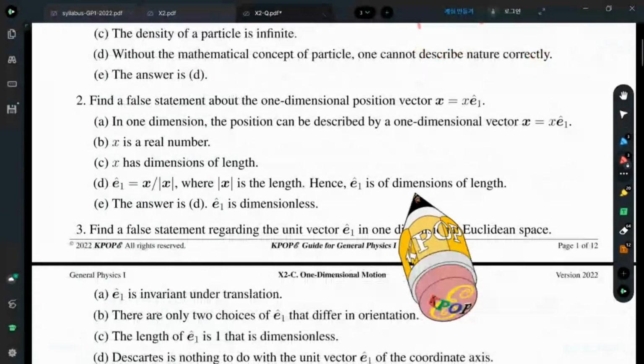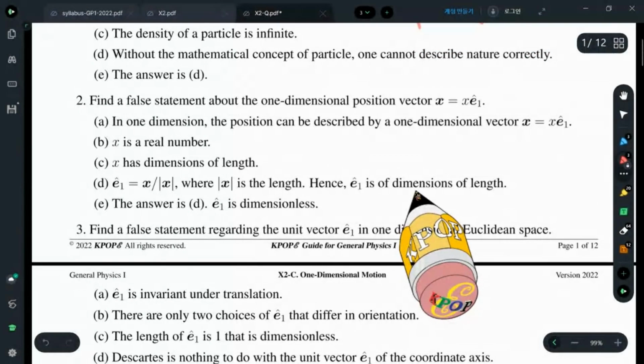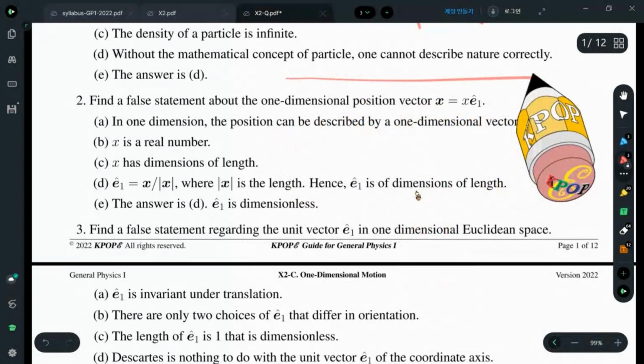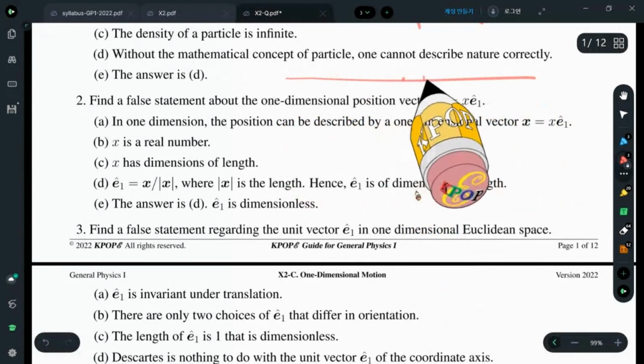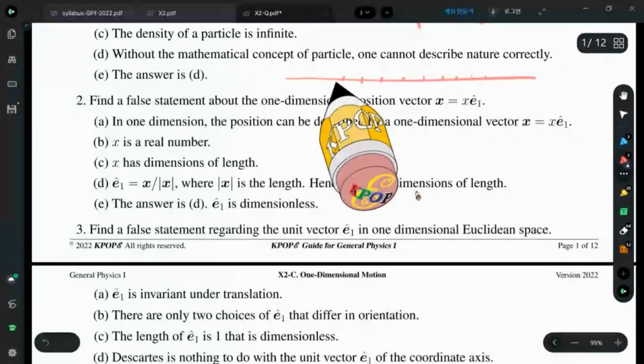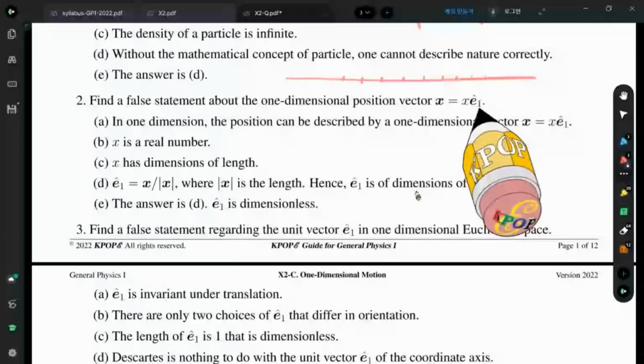2. Find a false statement about the one-dimensional position vector. In one dimension, we can draw a straight line, and any point represents the position of a particle.